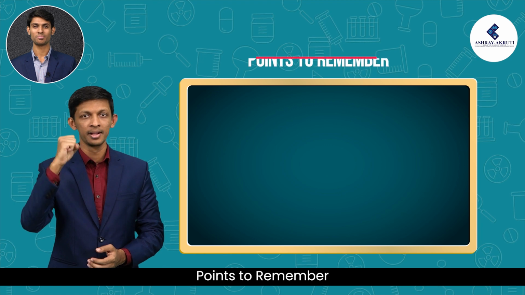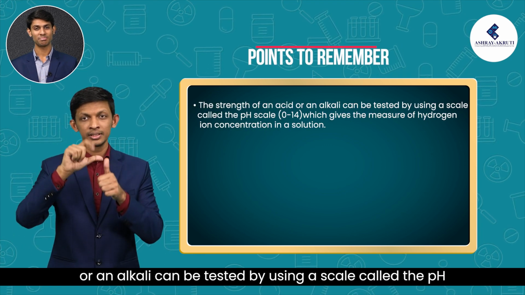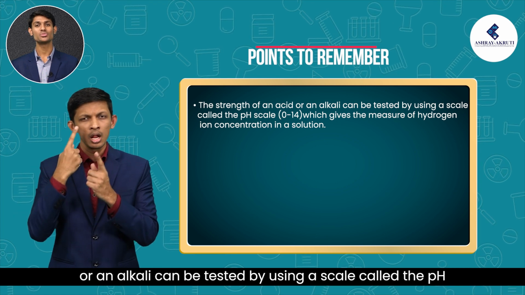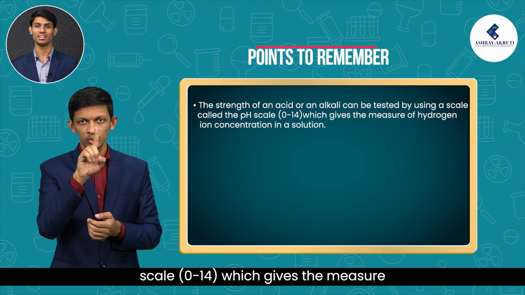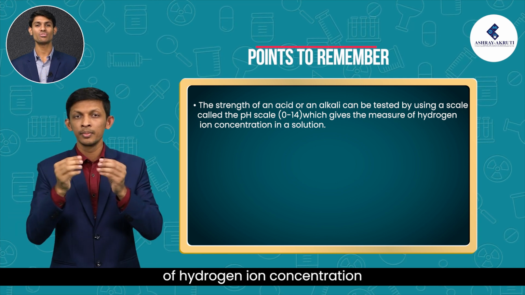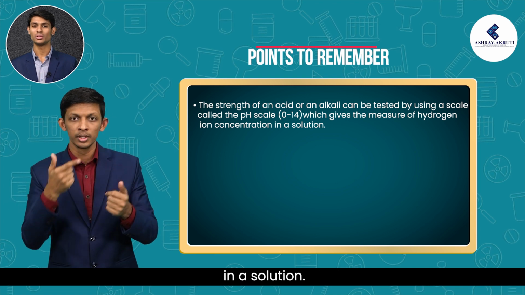Points to remember. The strength of an acid or an alkali can be tested by using a scale called the pH scale, 0 to 14, which gives the measure of hydrogen ion concentration in a solution.